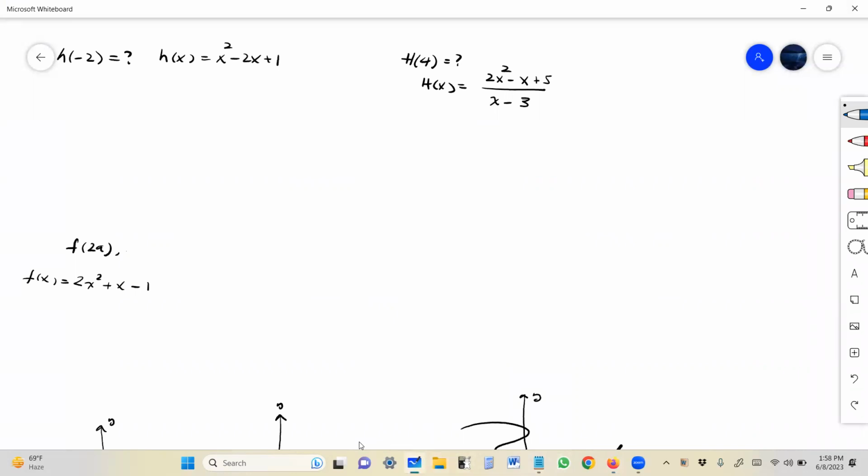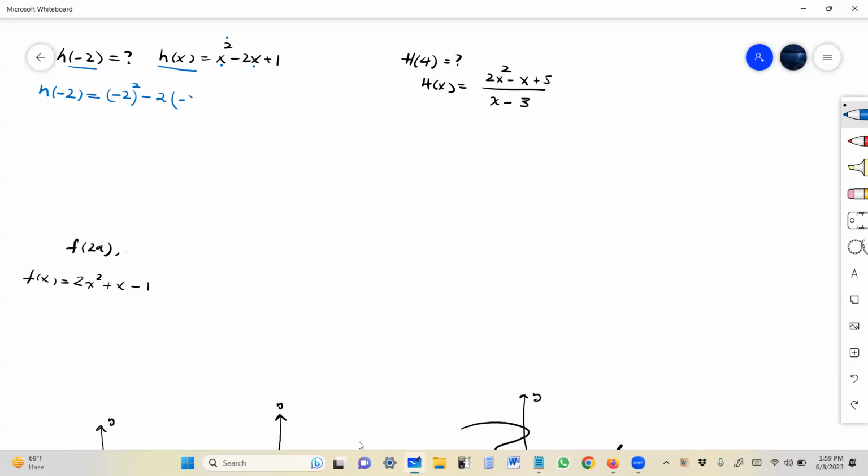So here they are. So we want to evaluate this function, h of x, at the point x equals -2. So I am going to write h of -2 equals, and I am going to replace every x with -2 in parentheses, keeping the structure of the function intact.